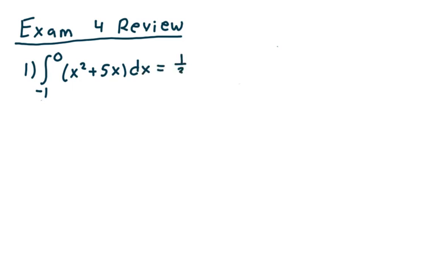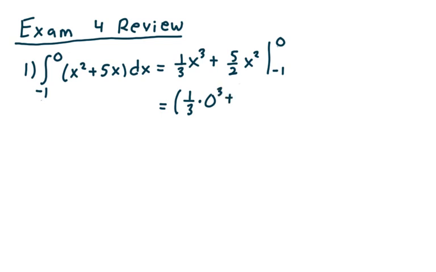This is equal to 1/3 x cubed plus 5/2 x squared evaluated from -1 to 0. If I replace x with the upper limit of 0, I get 1/3 times 0 cubed plus 5/2 times 0 squared.